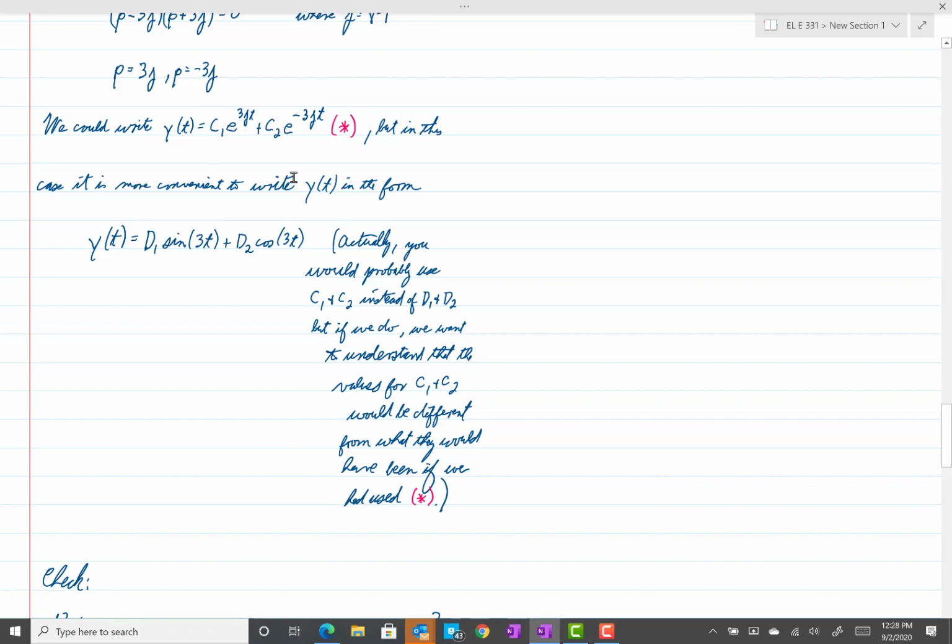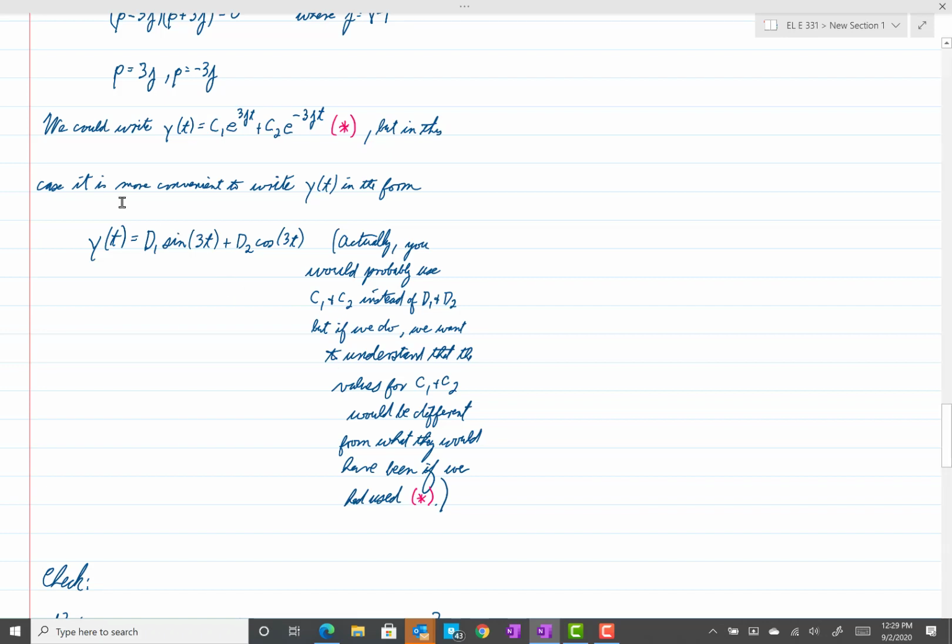Now, it doesn't really matter because at this point, c1 and c2 are arbitrary constants anyway, but if we tried to show the equivalence of these two solutions, we would see that the constants down here are different from the ones up there. But we'll save that for later when we study what are called the Euler formulas.